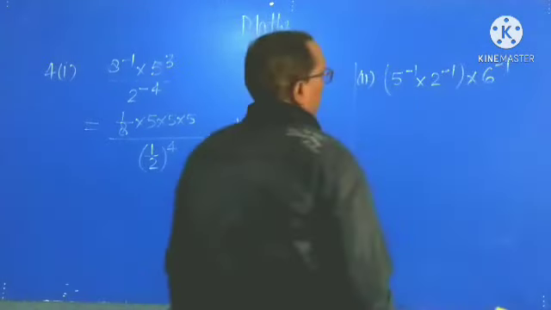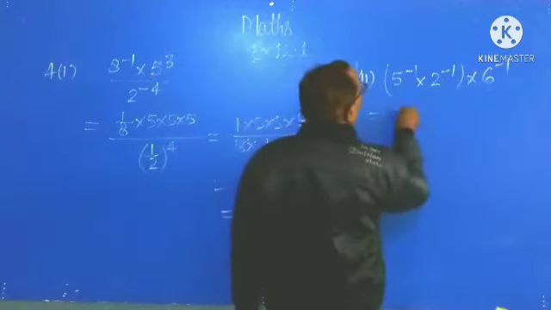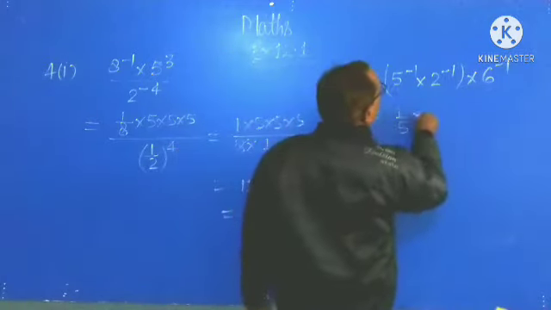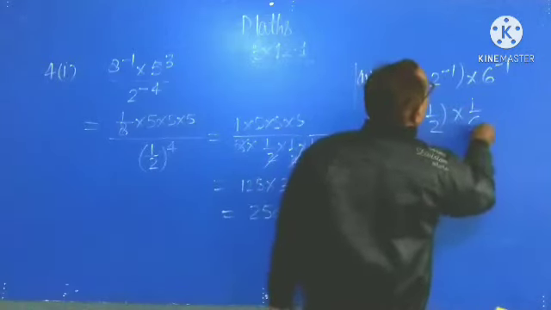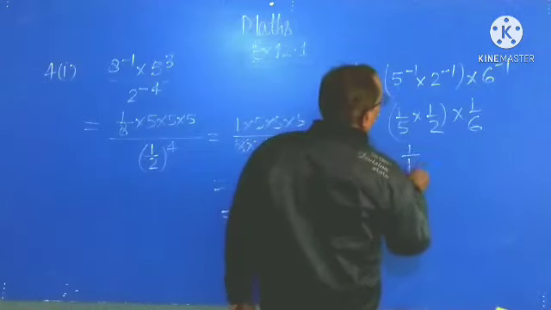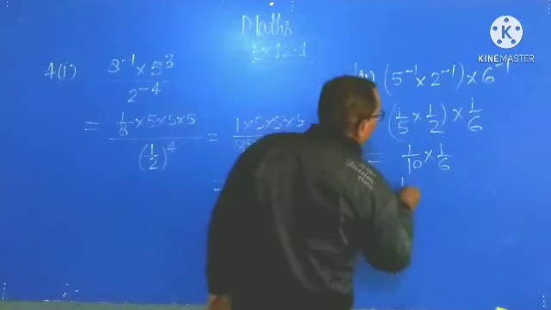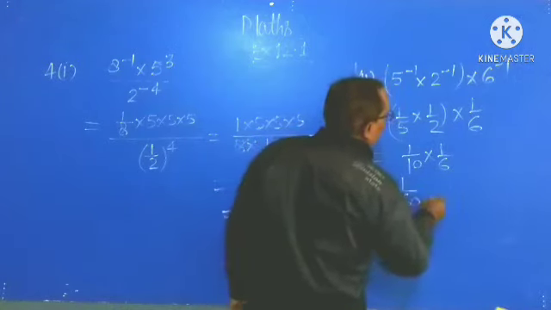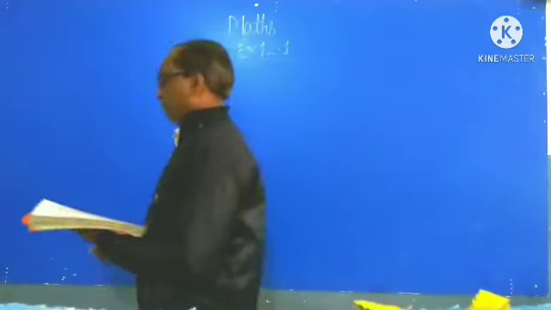First of all, you convert all these into positive exponents. Write down 1 upon 5 into 1 upon 2 into 1 upon 6. This is 1 upon 10 into 1 upon 6. That is 1 upon 60. It is your answer.